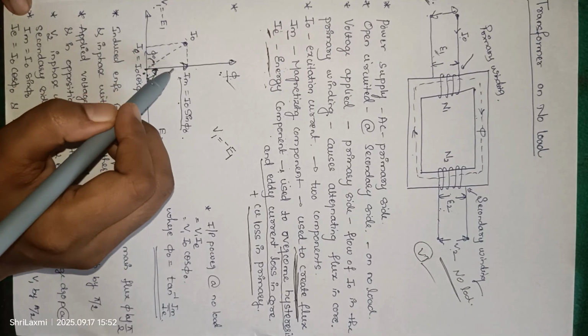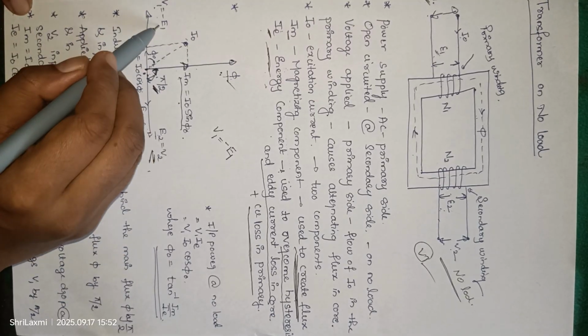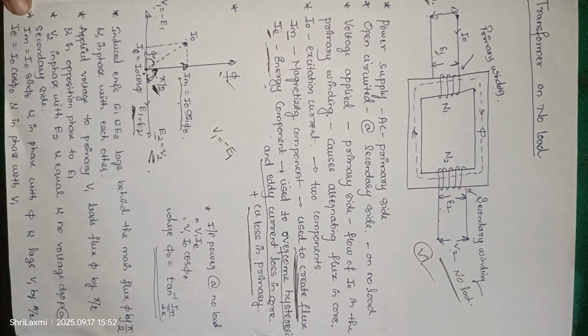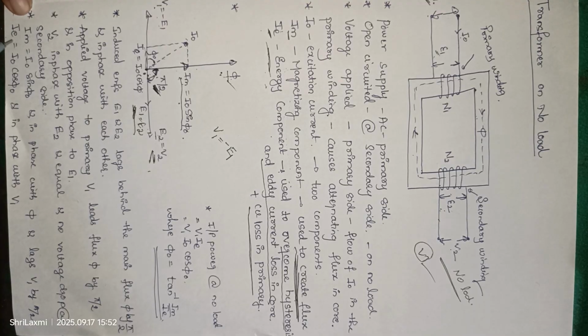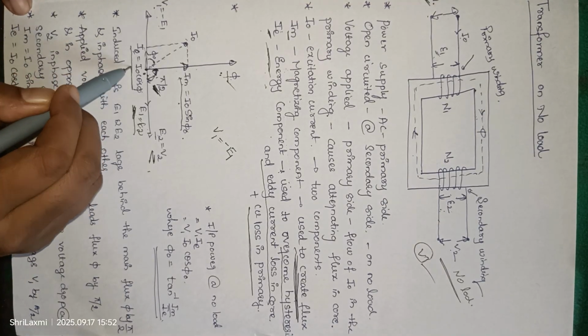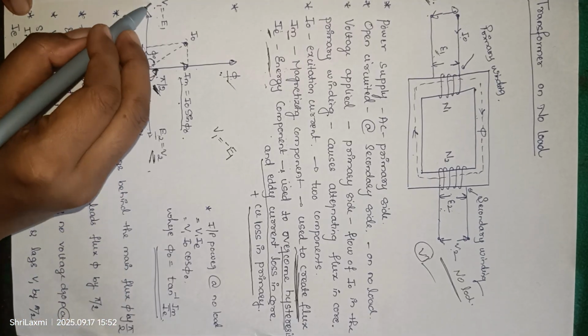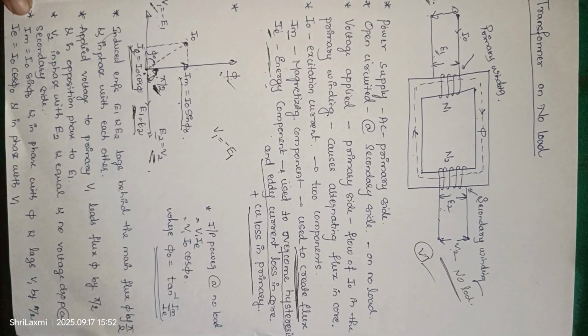See here, this is V1 here, and Im lags behind V1 by pi by 2. And IE is nothing but I naught cos phi naught. It is in phase with V1.